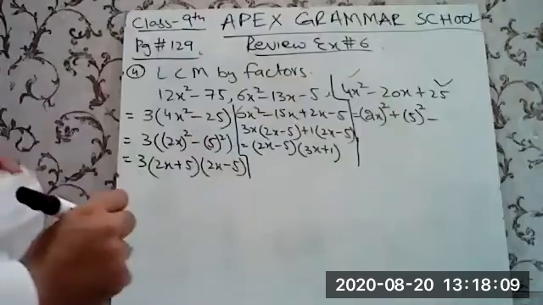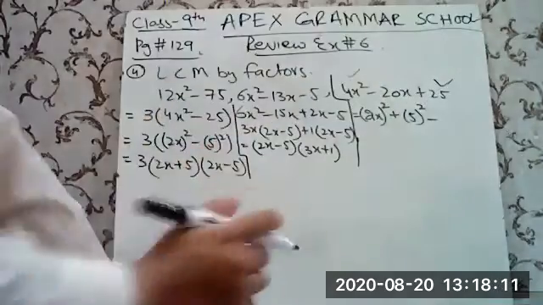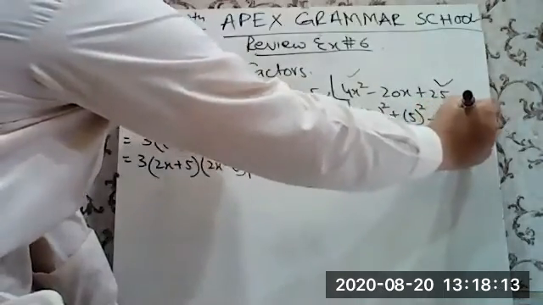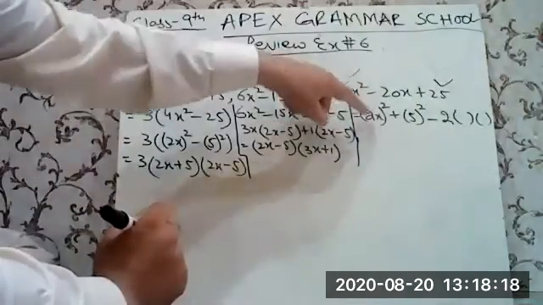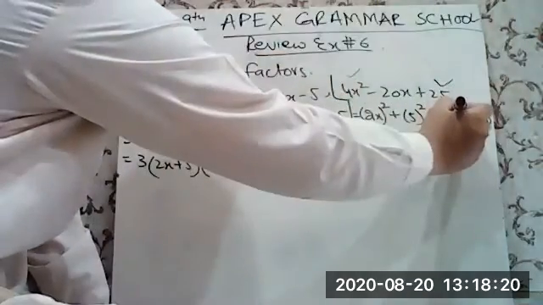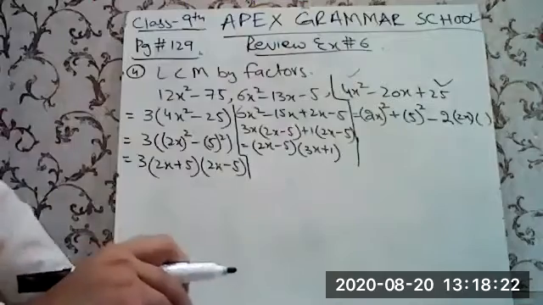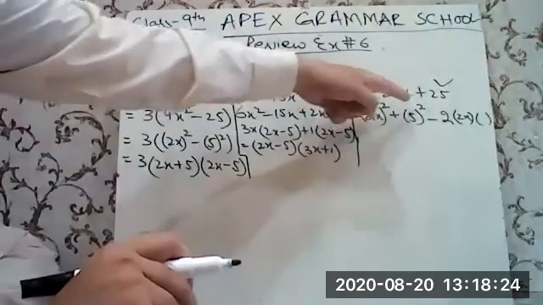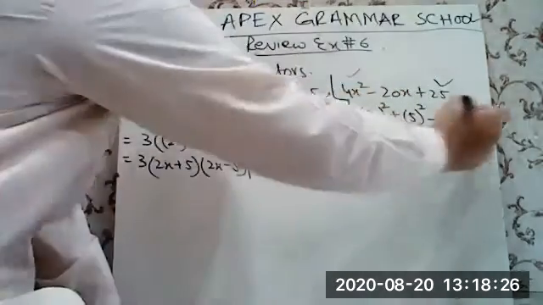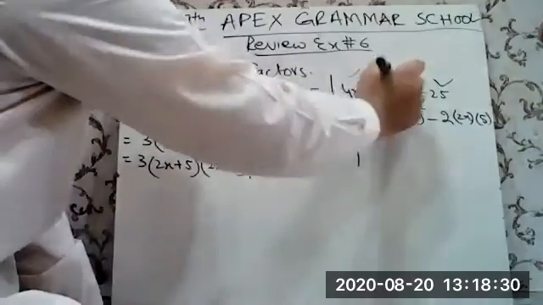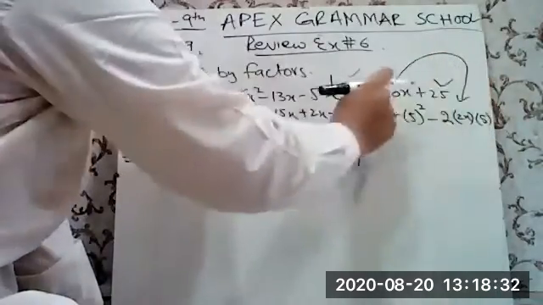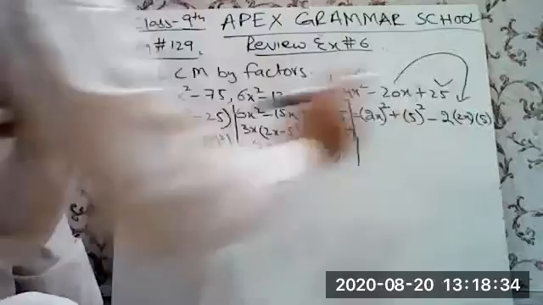And for the minus sign, this is a square plus b square minus 20x. You need to verify it: minus 2ab. What is the value of a? The value of a is beneath this square, that is 2x. And the value of b is 5. Now confirm it, is this 20x with negative sign or not? 2 times 2 is 4, 4 times 5, that is 20x.